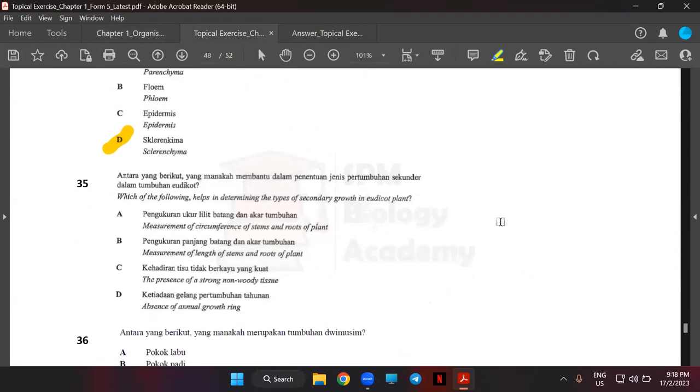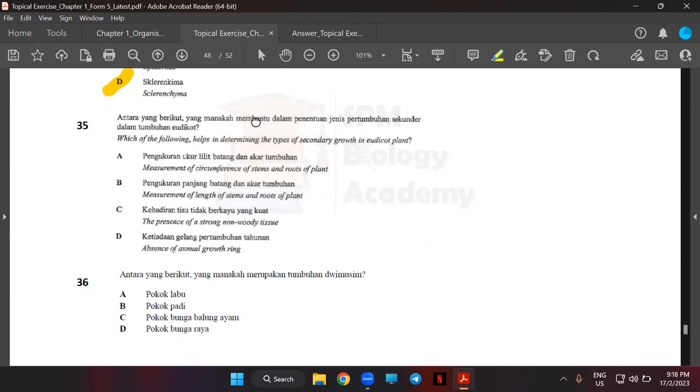35. Antara yang berikut yang manakah membantu dalam penentuan jenis pertumbuhan sekunder dalam tumbuhan unicode? Ulang balik. Antara yang berikut yang mana membantu dalam penentuan jenis pertumbuhan sekunder dalam tumbuhan unicode?